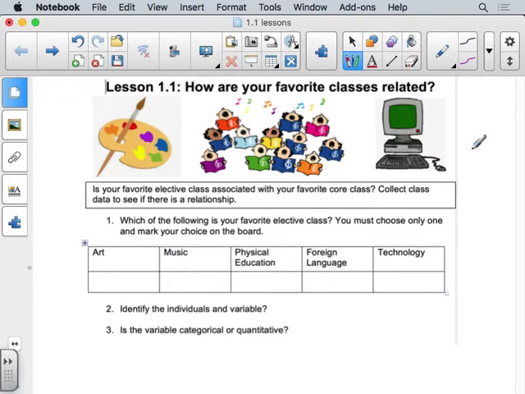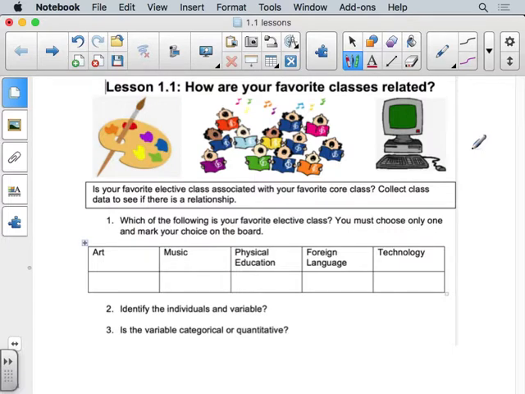So without y'all getting up, we can't quite be that interactive this year. We need to have a little class plot here. So I want to know, is our favorite elective class associated with our favorite core class? That's where we're going to kind of end up. So collect class data to see if there's a relationship.